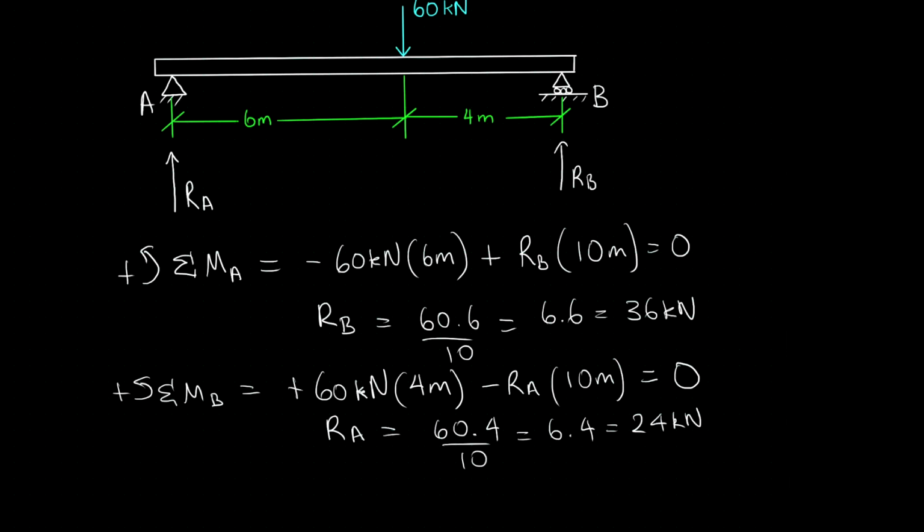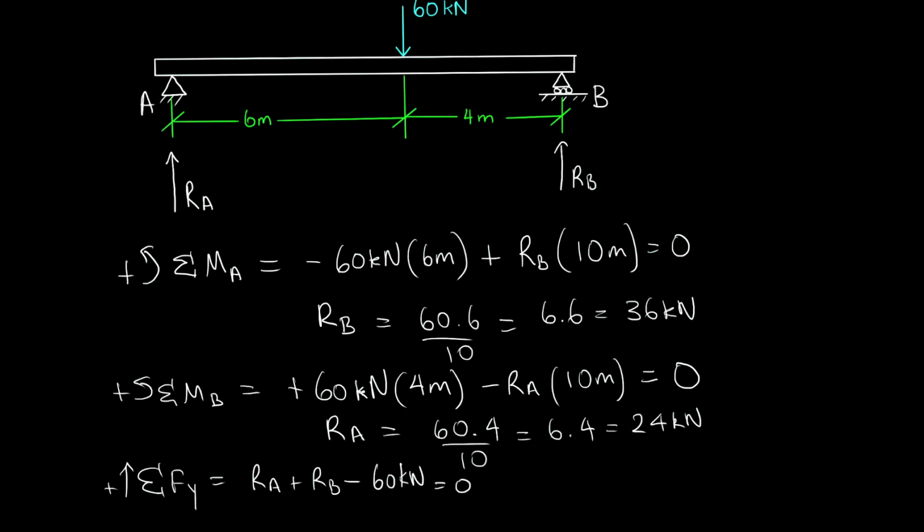Now, one thing that we can do is a check by summing the forces in the vertical direction. These forces would all be equal to 0 because it's a statics analysis problem. So if we sum the forces in the y direction, they are equal to RA plus RB minus 60 kilonewtons, and that's because the 60 kilonewtons is occurring in the opposite direction to RA and RB, all equal to 0.